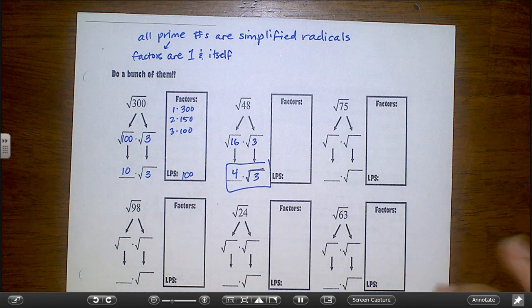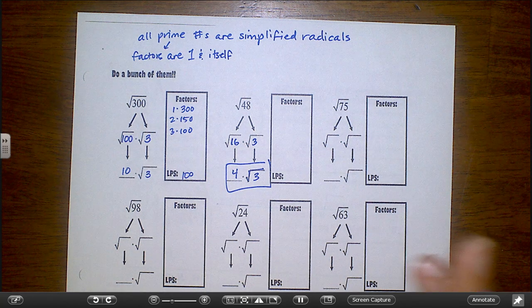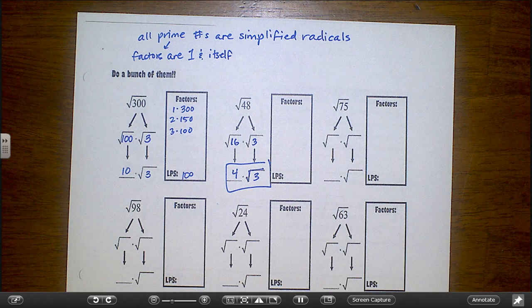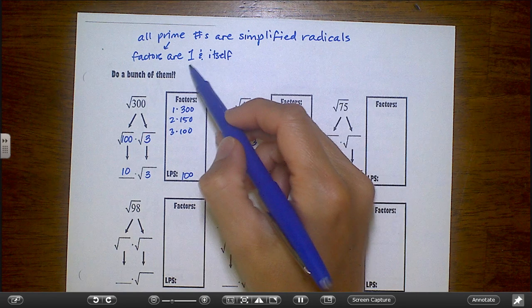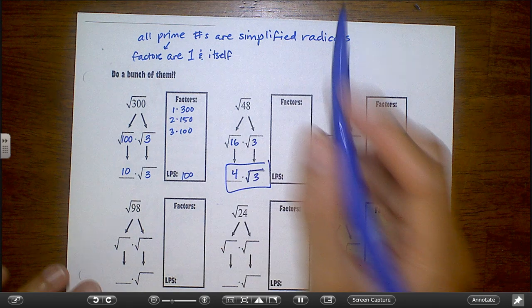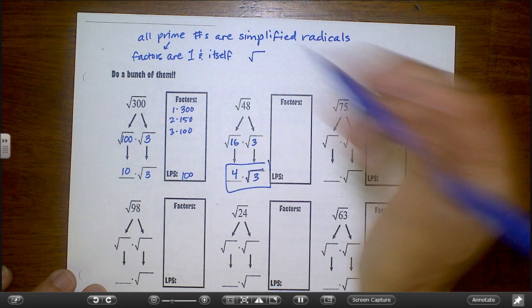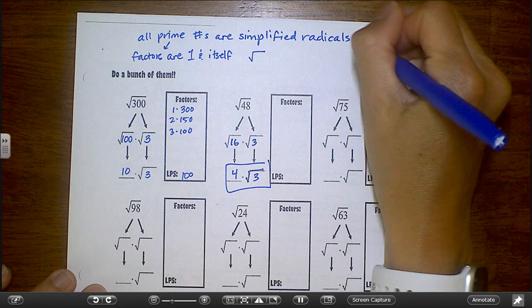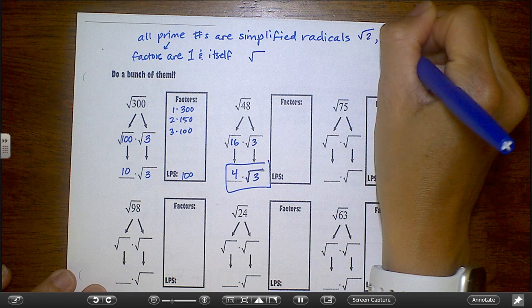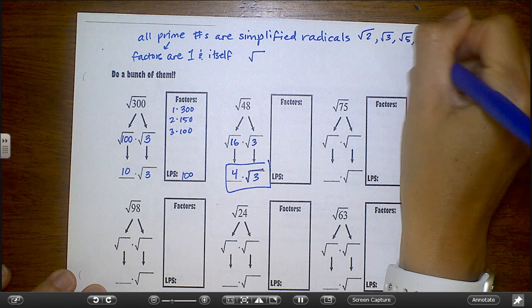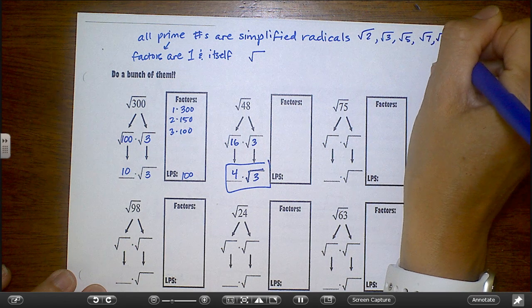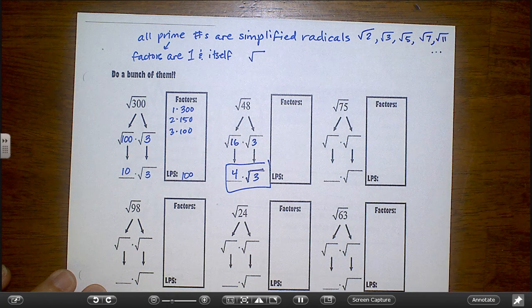So if it's a prime number, there's nothing you could multiply together to get that number if the only factors are 1 and itself. So all prime numbers are simplified radicals. Remember, your prime numbers: 2, 3, 5, 7, 11, and so on and so on, right?